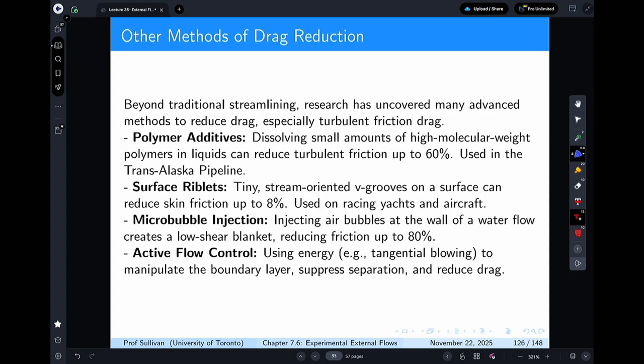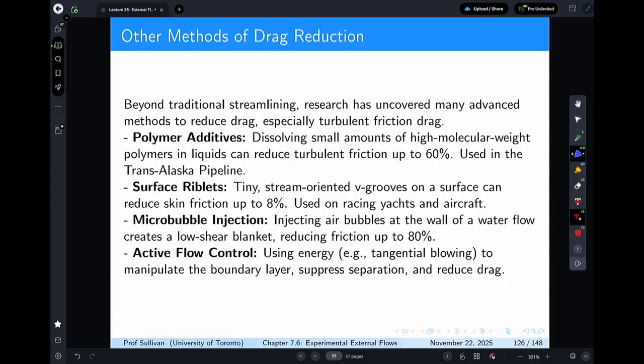Research has covered many advanced methods to reduce drag, such as polymer additives. For a while, they were looking at ways of improving things like fire response. So they wanted to add polymers within various types of fire hydrants or the water system supporting them, and it results in a significant drop in drag within the piping system and better flow out, which improves the amount of water that you can have.